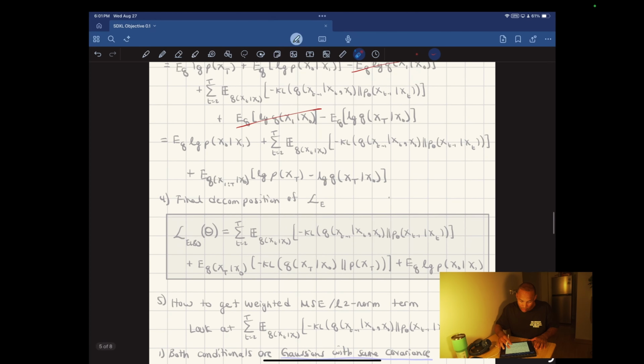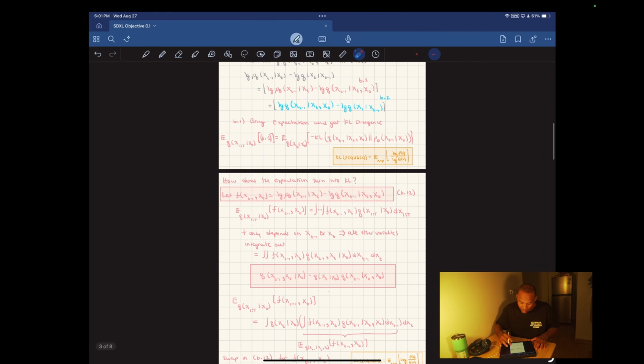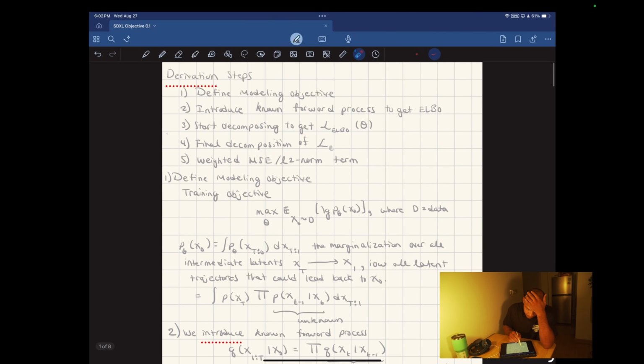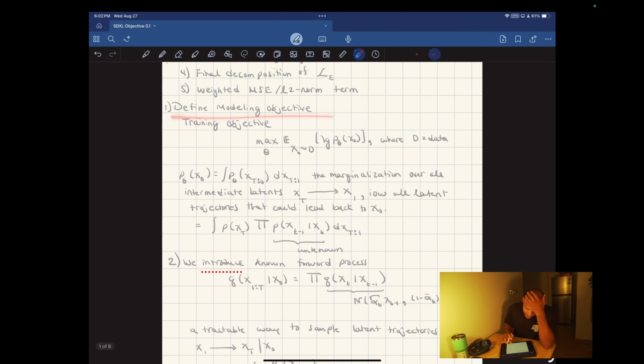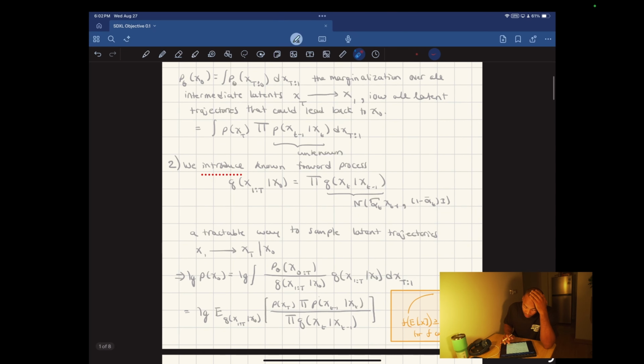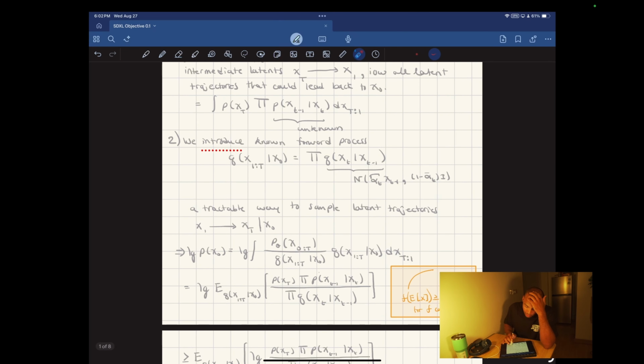So let's do a review just quickly. We define the modeling objective. We find that this reverse process is unknown, right? If it was known, our problem would be solved. It's unknown. So we introduce a known forward process going from a clean image to a completely noisy image, right?